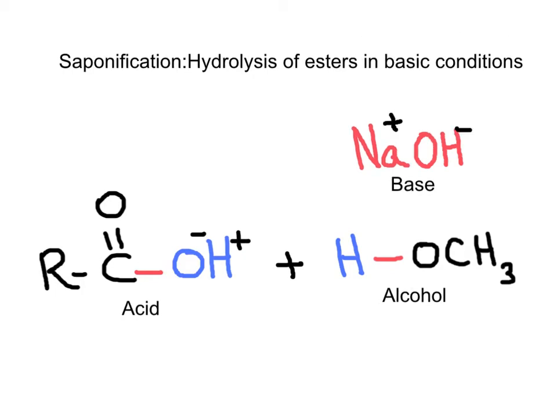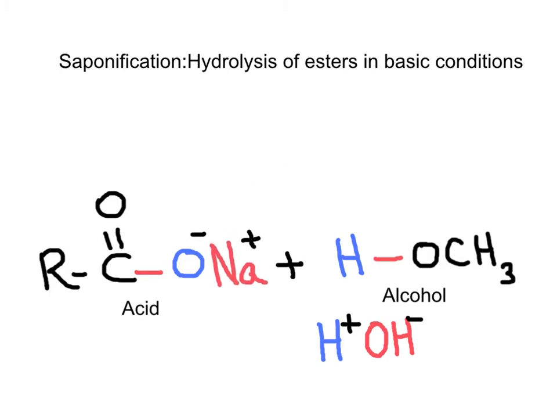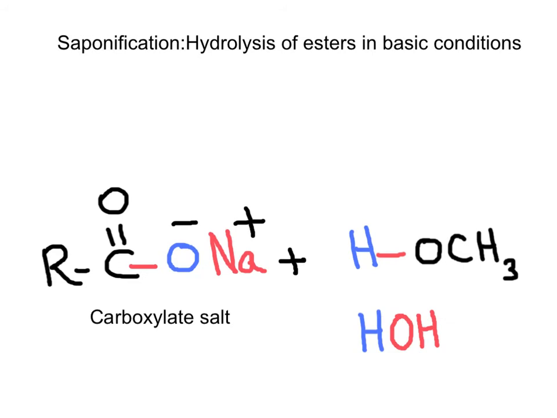Upon reaction of the carboxylic acid with the sodium hydroxide, our products are 1 molecule of water and the sodium carboxylate. Basic hydrolysis, different than acidic hydrolysis, is not an equilibrium reaction.